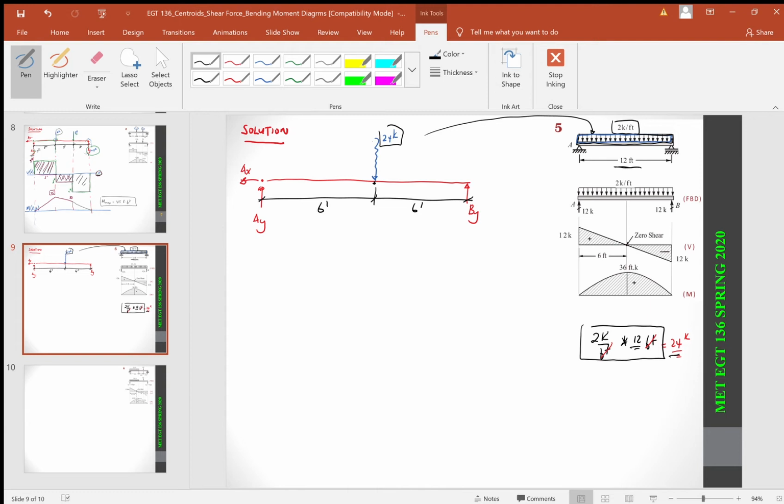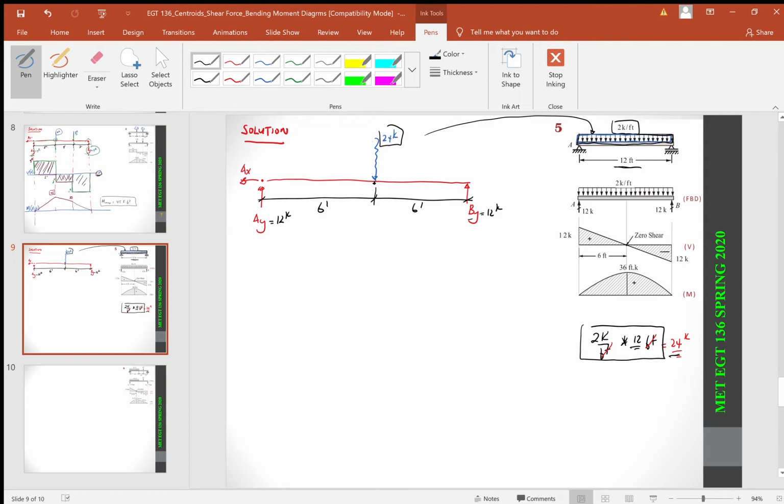Okay, so now that we know that, we want to find out our AY and our BY. So we sum the moments about point A, and sum the moments about point B. You're going to get 12 kips and 12 kips, which makes sense.